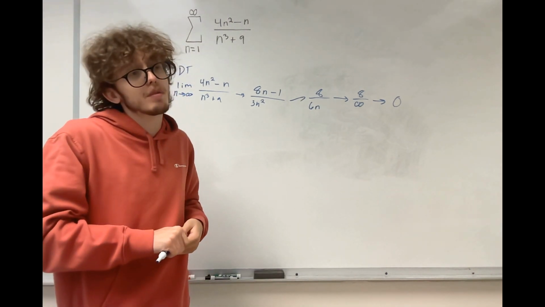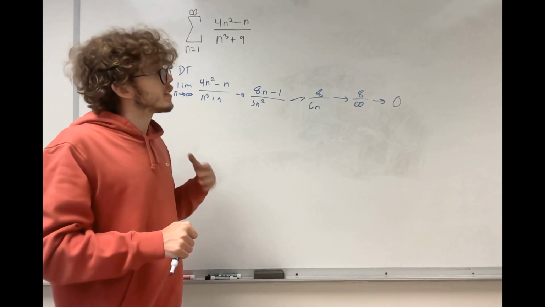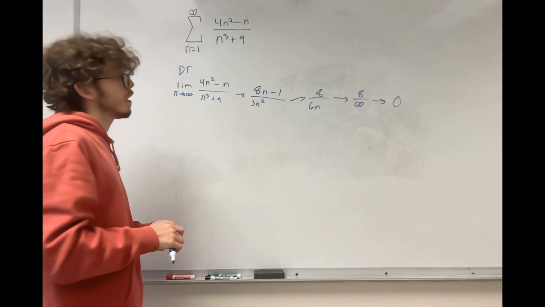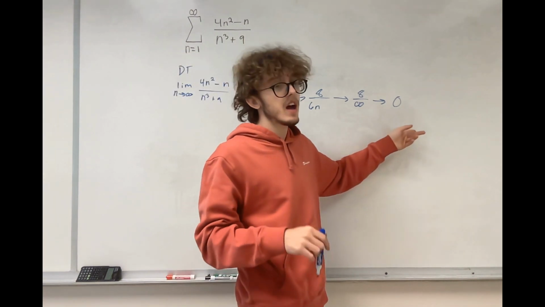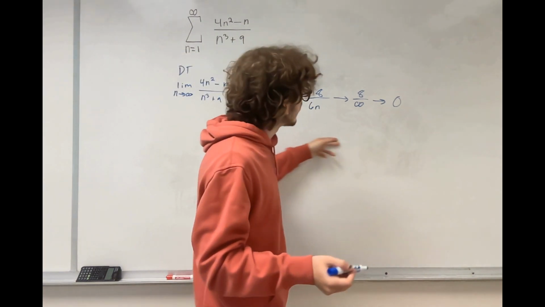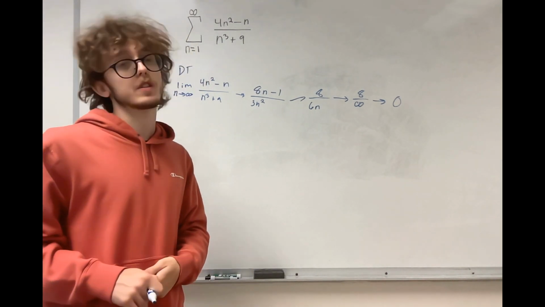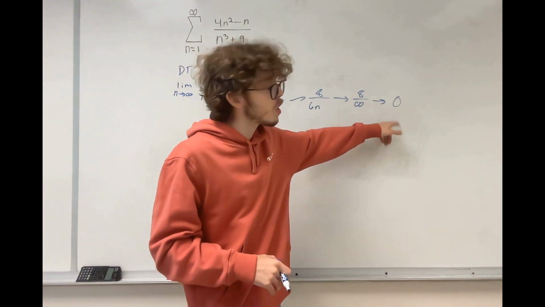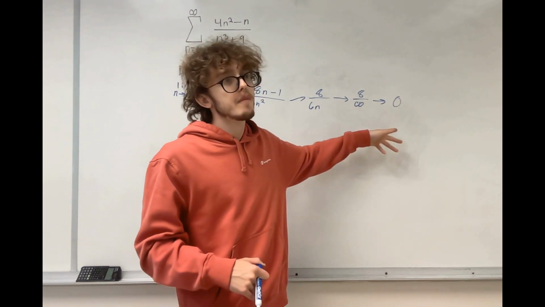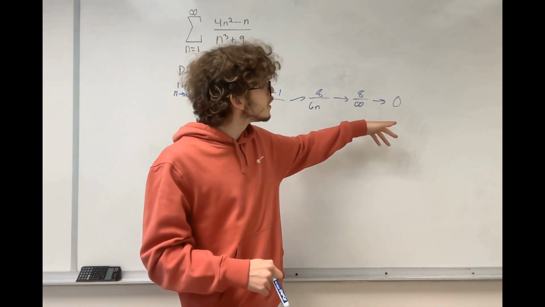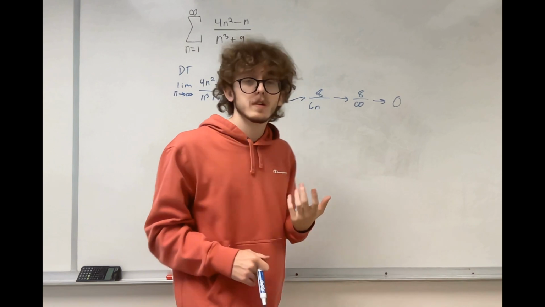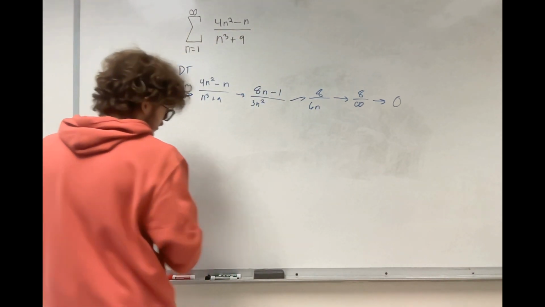Now that's kind of a problem, because when you get 0 and not a non-zero number, that means this is indeterminate. It doesn't tell you anything. It doesn't tell you if it's convergent or divergent. If we would have gotten 1, 50, 5 million, 300, we would know this would be a divergent series, but that's just not the case here.